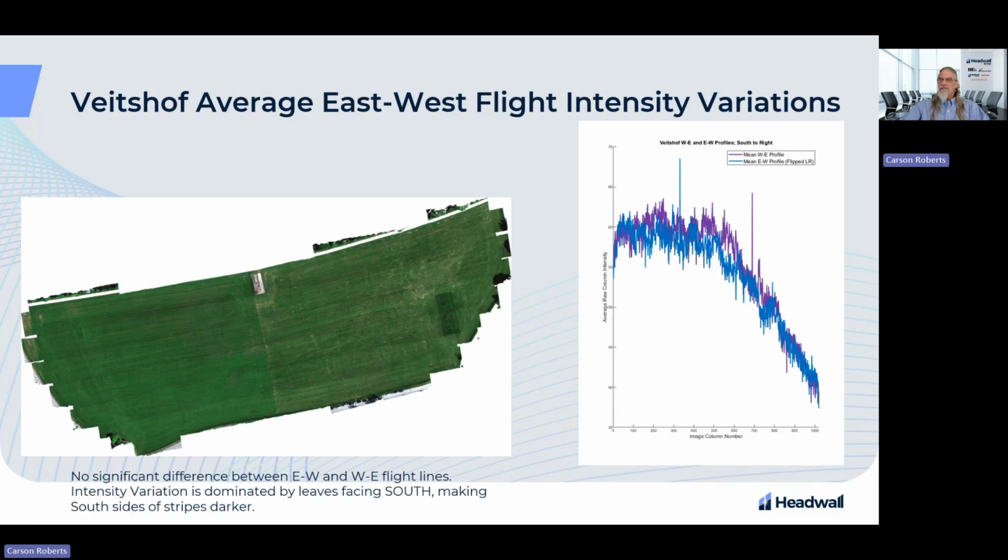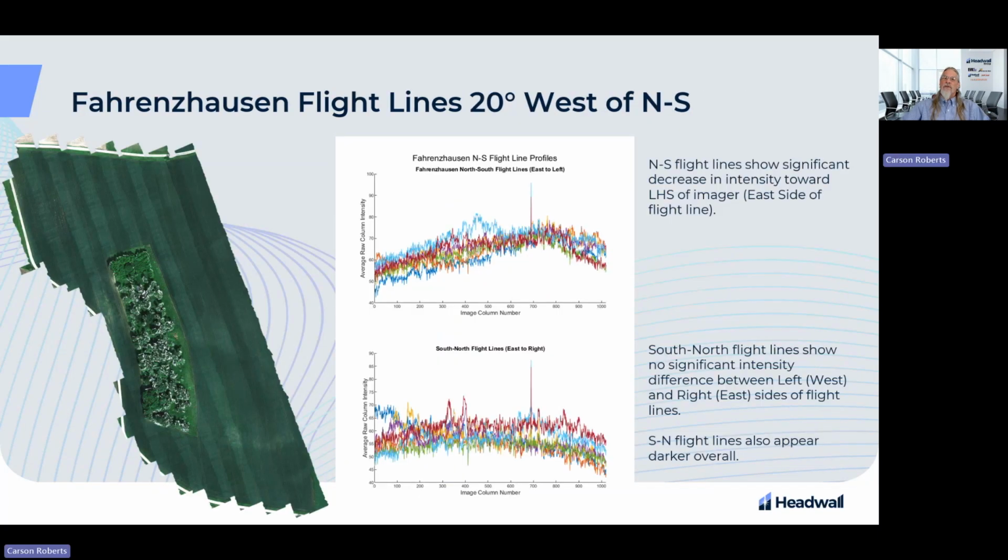When we bring them together, we see, interestingly, on the average, there is no real east-west or west-east variation. It seems as though this data set is really dominated by the tilt of the leaves towards the south. For this north-south one, and as we recall a little less of a solar angle, we do see some striping.